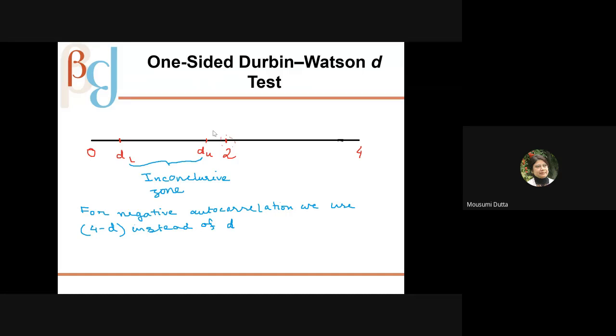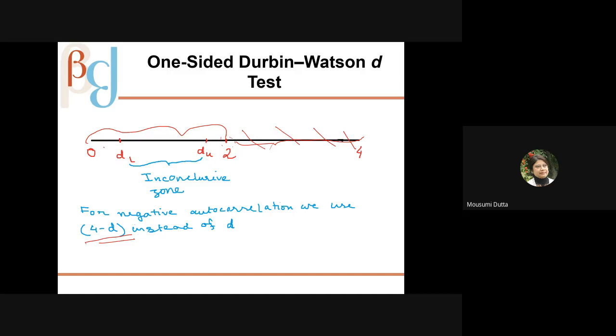And since 2 is the middlemost point, they folded the line. So this part will come in this part as 4 minus d. They will not consider this part in the table. Rather, they will consider 4 minus d to include this part in the first zone.